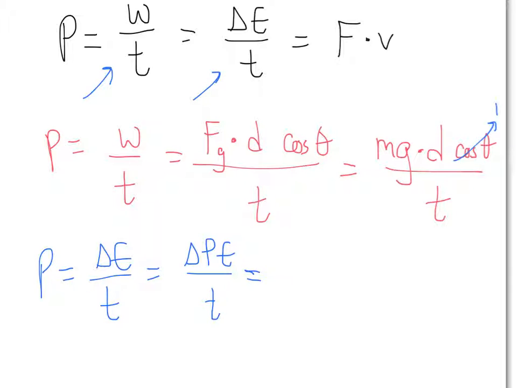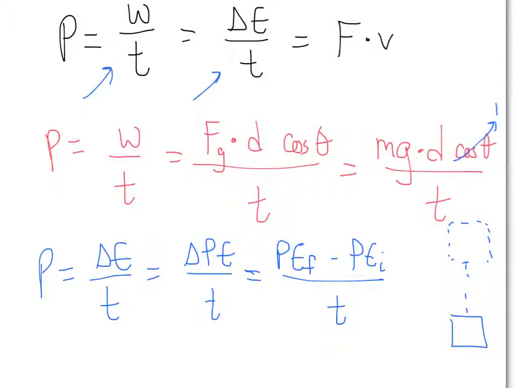That delta E is really just saying some change in energy. Which is it? You have to use the context of the problem to figure it out. Change in potential energy means PE final minus PE initial. Now, it might be confusing if you don't have a diagram, so maybe you want to draw a little diagram over here of an elevator moving up, and this is where the elevator is going to stop.